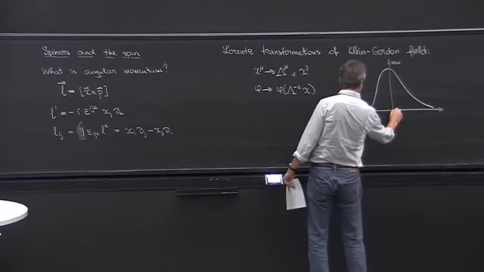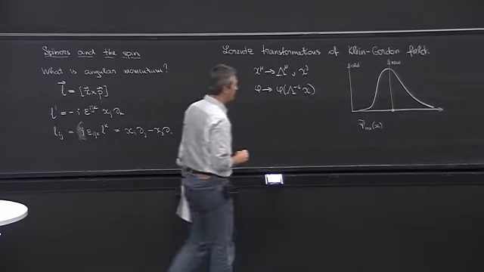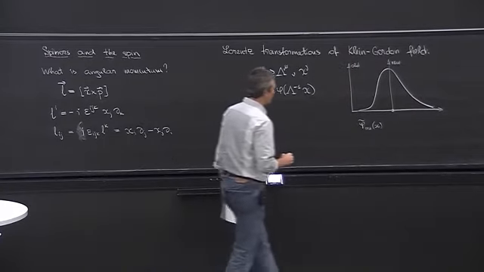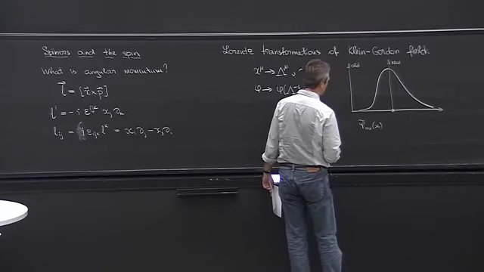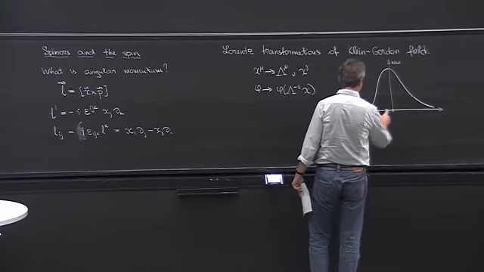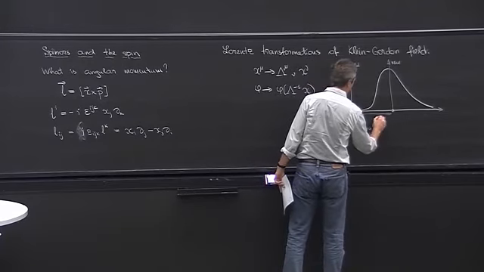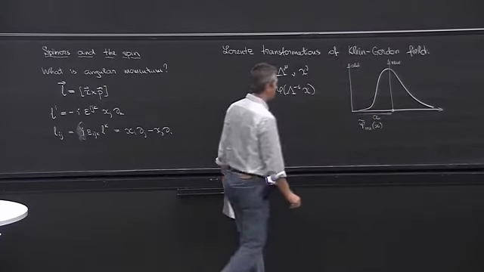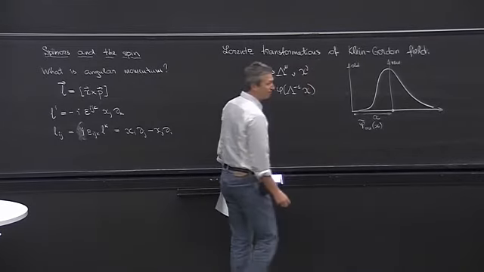So suppose we want to compute it at the origin of the coordinate system. The new coordinates are shifted to the right by, say, vector A. Okay.